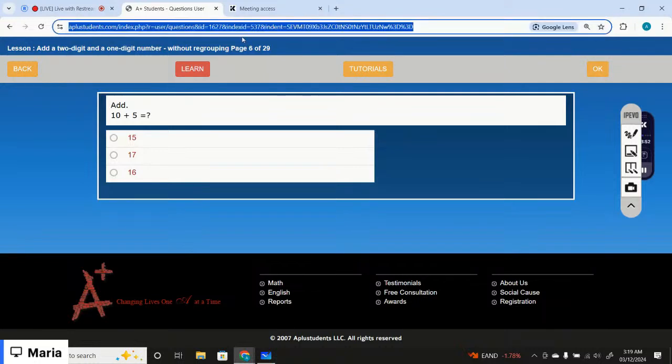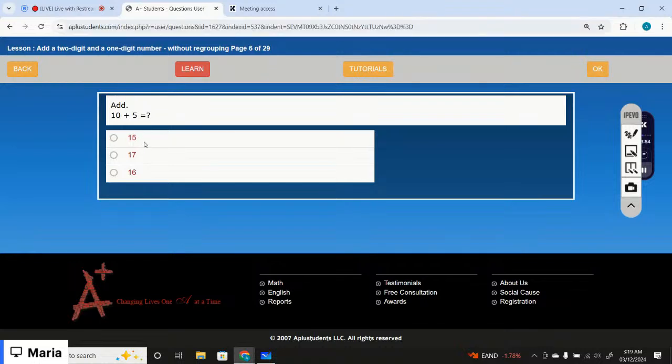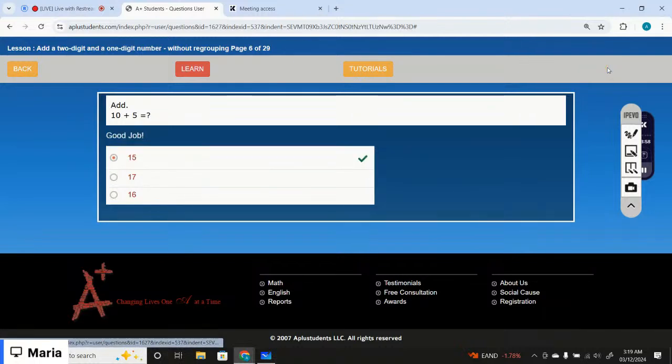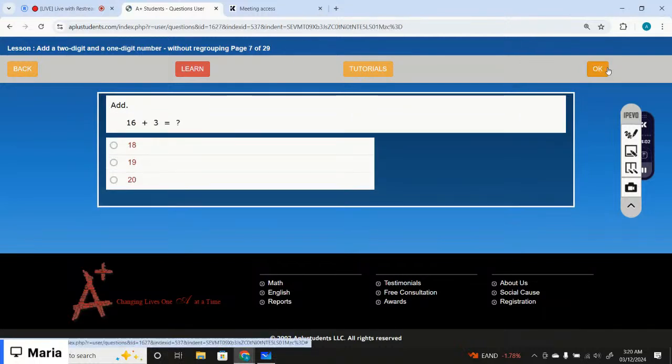That is 15. Option number 1 is the correct option. 10 plus 5 makes 15. 16 plus 3, which is the correct option?